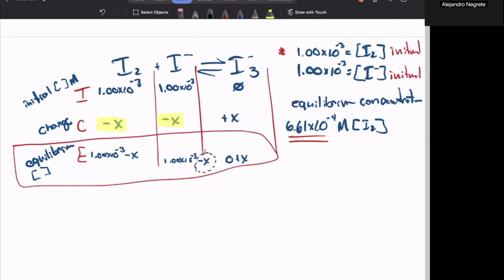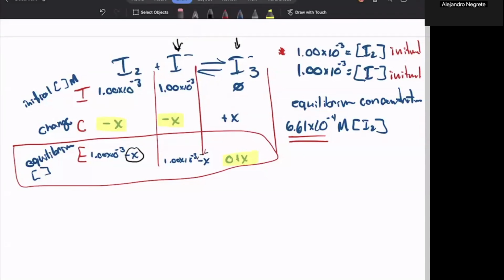Because this is the only way that we're going to find out what this concentration here is. Once we find out what that X value is, we can determine what the equilibrium concentrations are for everything else.